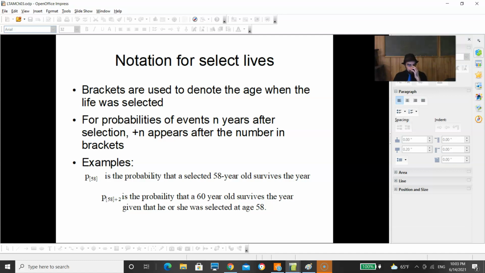And the way this is handled is that we have what's called a select period. Usually you'll assume a period of between 1 and 3 years, is what I've seen on LTAM, shortly after you've been approved for insurance, during which your mortality is modeled as being slightly lower.